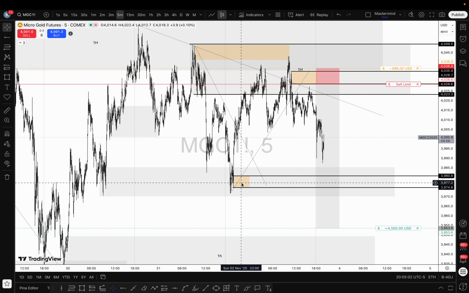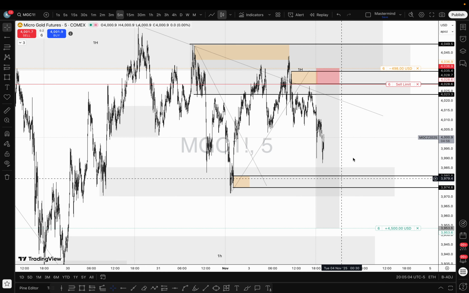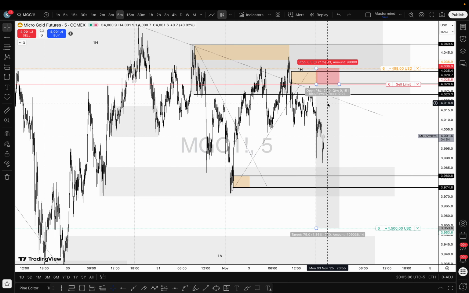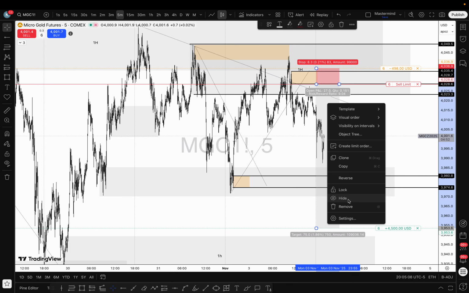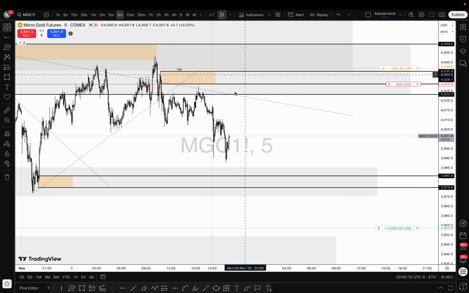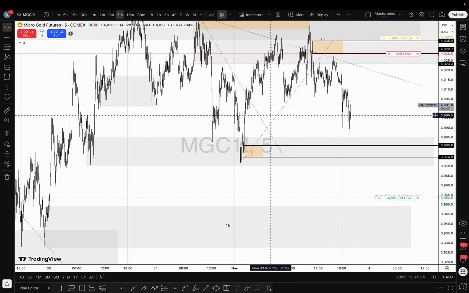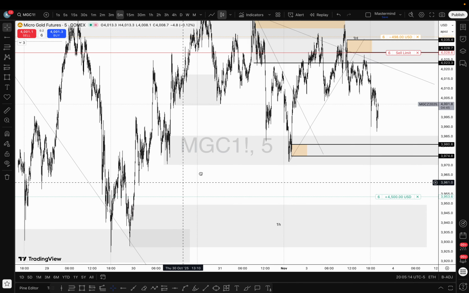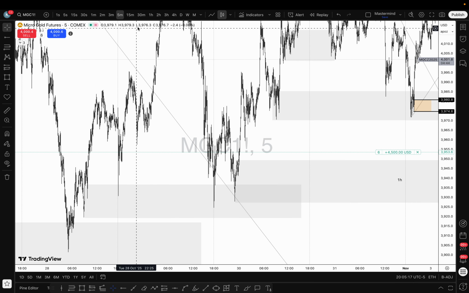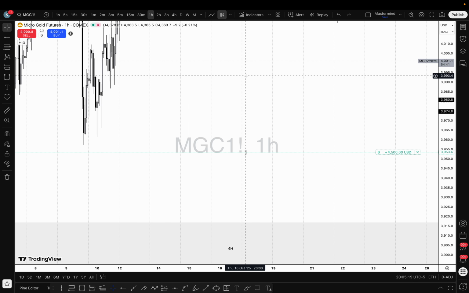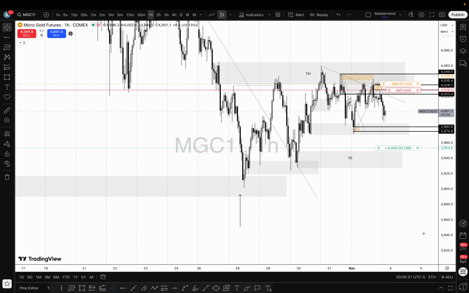So I'm looking at this zone. I'm gonna set a limit here. I'm just gonna hide this in the meantime just so it's not crowding up the charts, but we still have the setup right here. And then the next zone I'm looking at is we have this 1 hour demand, right? This 1 hour demand right here.